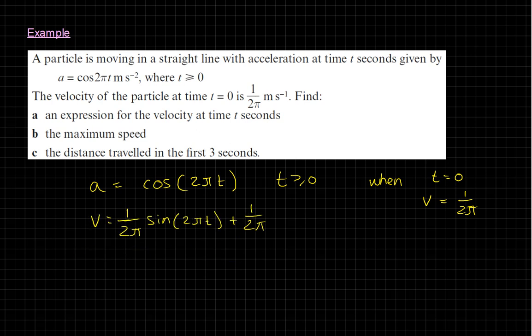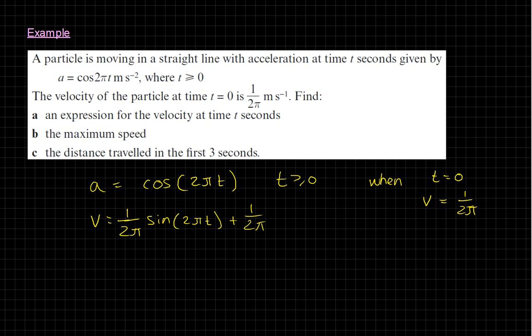Okay, the next question is about maximum speed. What is the maximum speed? So to do this, we can actually just consider the expression itself. We've got velocity, it's equal to some expression. And this value of t, it starts at 0, it keeps increasing.